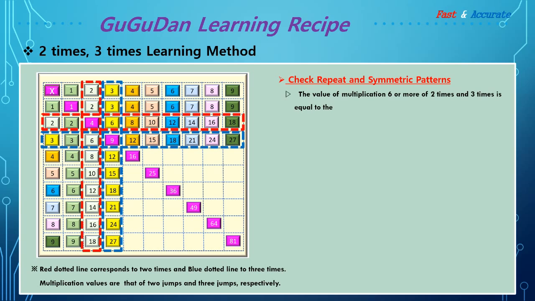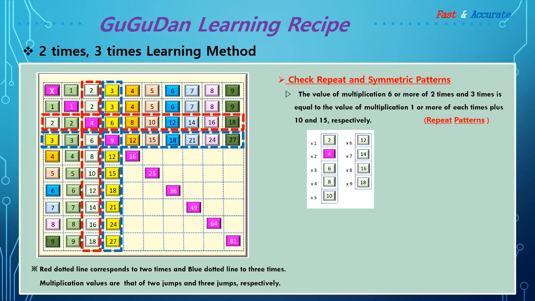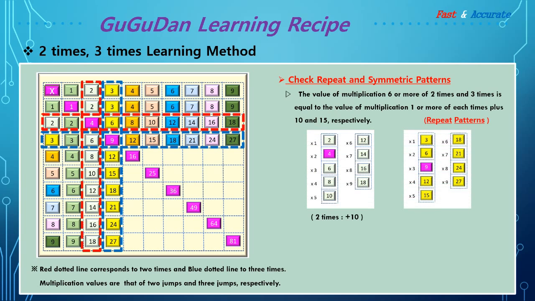The value of multiplication 6 or more of 2 times and 3 times is equal to the value of multiplication 1 or more of each time plus 10 and 15 respectively. Understanding this makes it easy to know multiplication values above multiplication 6 even if you only memorize up to multiplication 5 without having to memorize from multiplication 1 through multiplication 9.